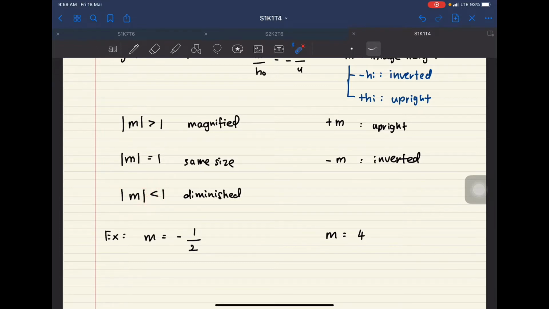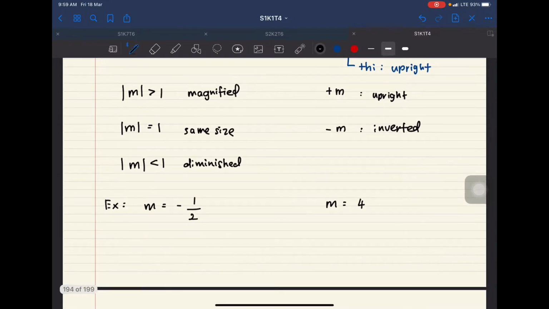For example, if you have m equals negative half, you have to treat the negative and the number separately. The negative means it is inverted. And the half, you have to treat separately. The magnitude of m, the number only, represents diminished.